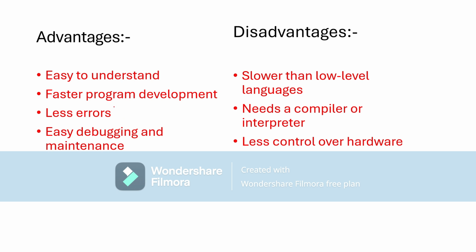Fewer errors. Because high level languages have clear syntax and rules, the chances of making mistakes are less. Many errors can be detected by the compiler itself.